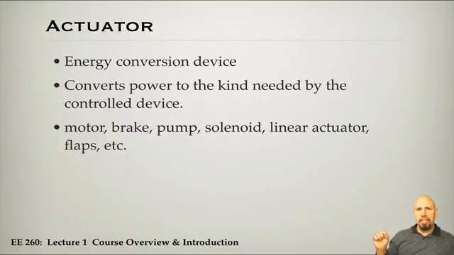It takes electrical current and gives you mechanical output. So motors, brakes, pumps, solenoids, linear actuators, a number of different kinds of actuators. Could be lights. Those are different kinds of actuators. In general, that may be a part of your overall system.